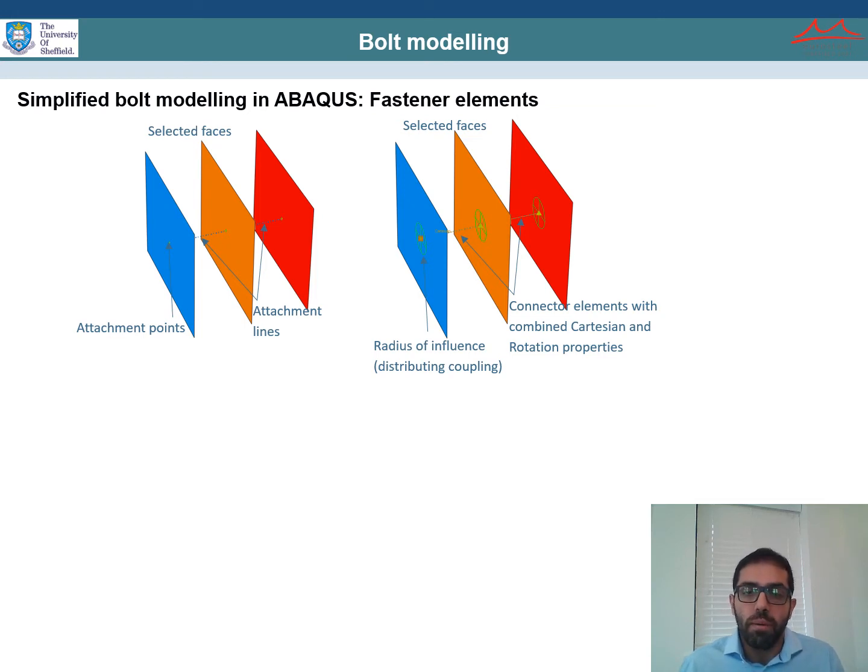The properties of these connectors are considered to be combined Cartesian and rotation.